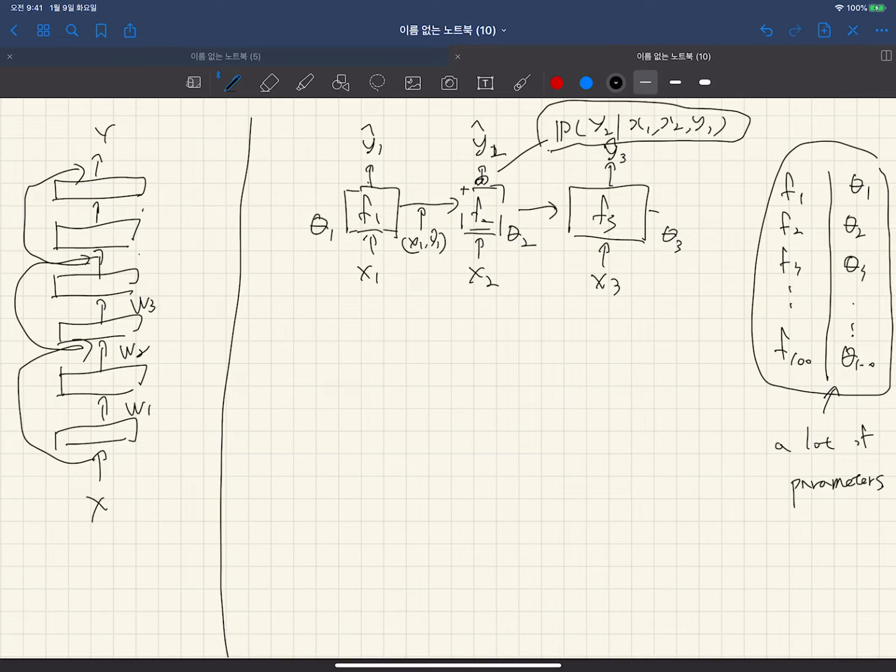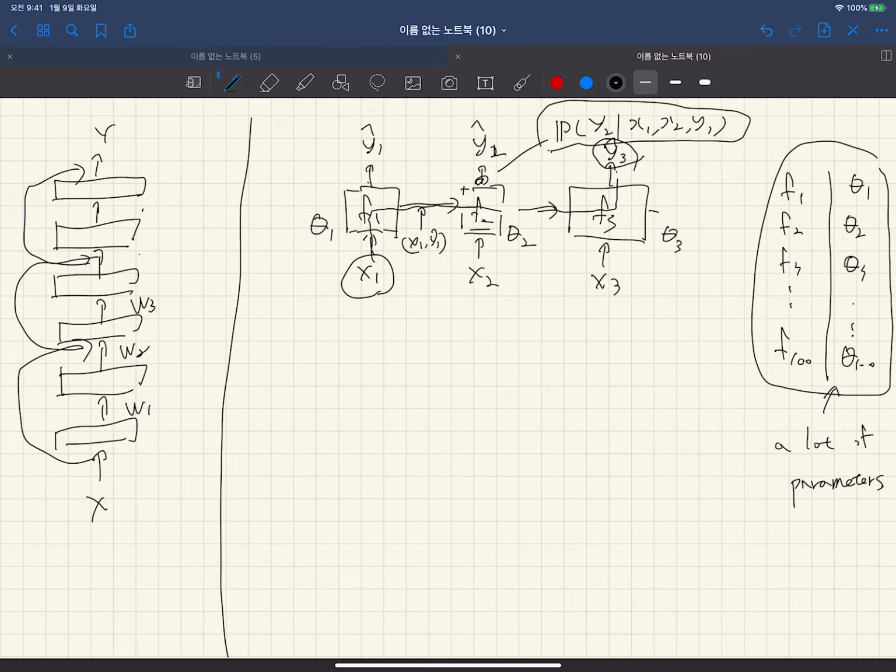If you want to model the correlation between input x1 and output y3 hat, the input x1 passes through f1, f2, and f3. So when you focus on the relationship between x1 and y3, this is a layer 4 architecture. There are 3 hidden states and 1 output layer.